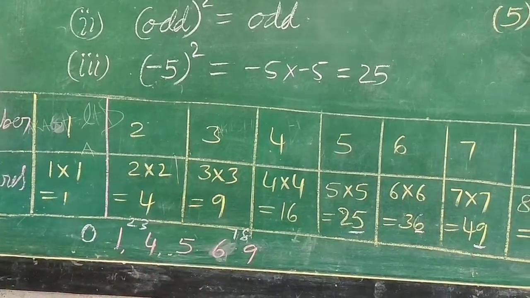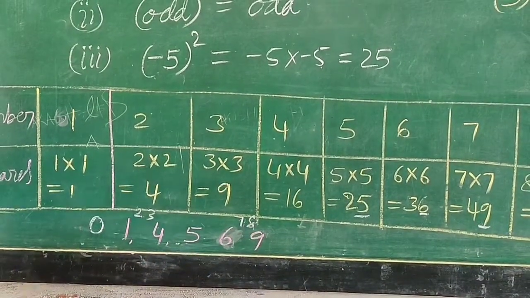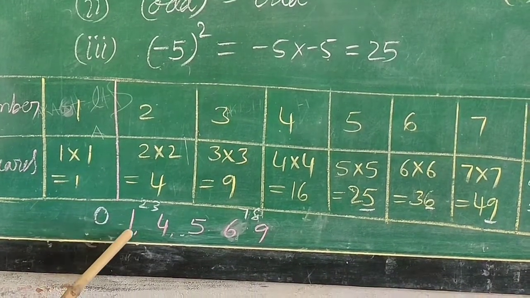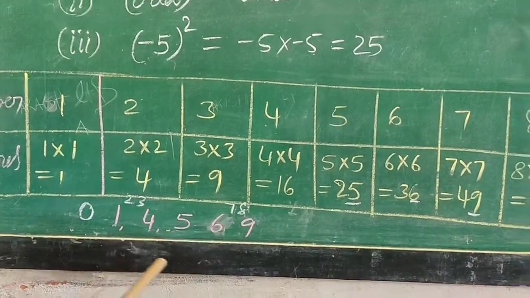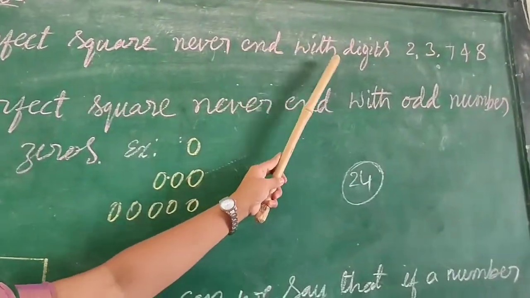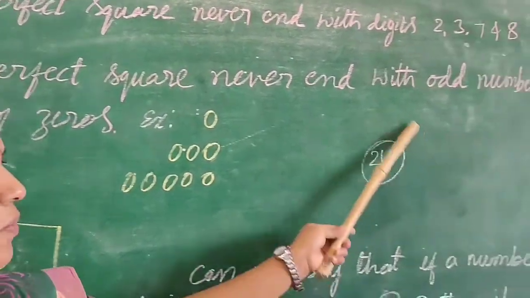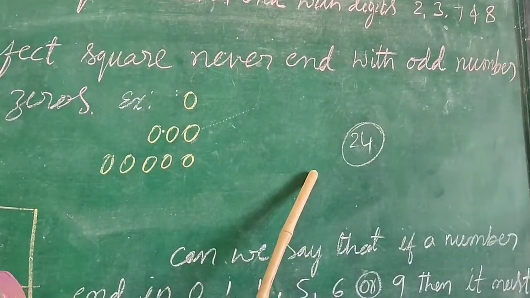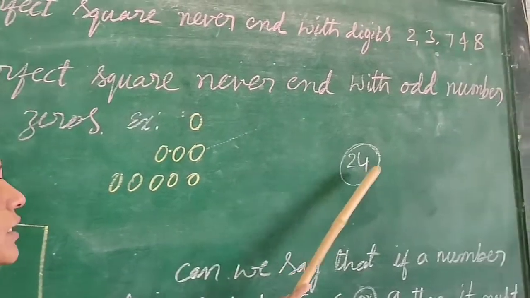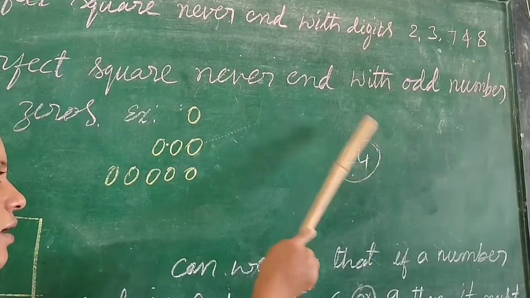So any perfect square number never ends with 2, 3, 7 and 8. That means in any perfect square number, the unit digit is only 0, 1, 4, 5, 6, 9. So this is the second property. Students, you can take this example: 24. Is 24 a perfect square number? The unit digit is 4, so you can think it out, whether it is a perfect square or not.